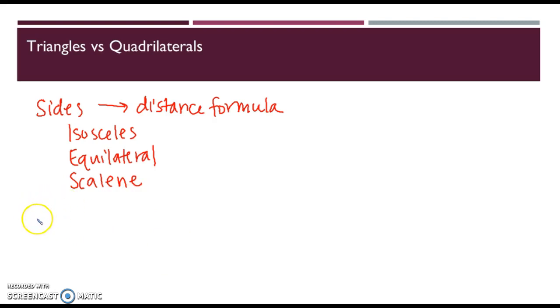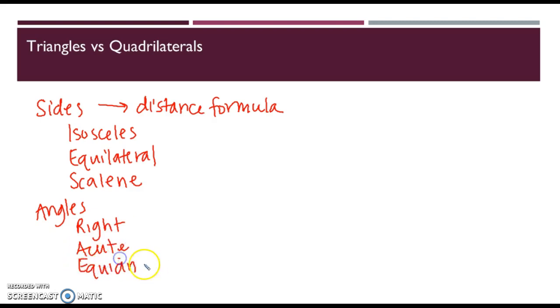Then we also classify by angles. So we have a right triangle, where there's a right angle. We have acute, a special kind of acute, which is equiangular, and that's when all the angles are the same, and they're 60 degrees. And we also have obtuse. Now equiangular is going to go along with equilateral, so if it's equilateral, we know it's equiangular.